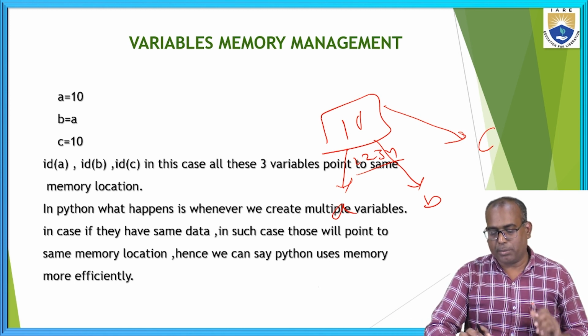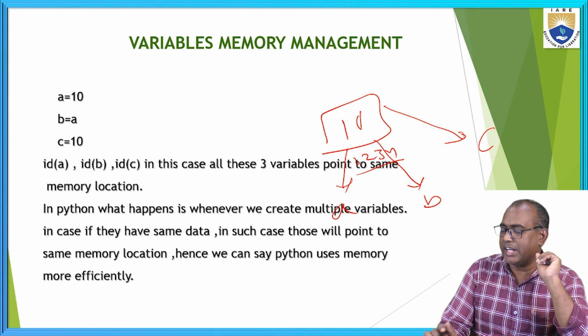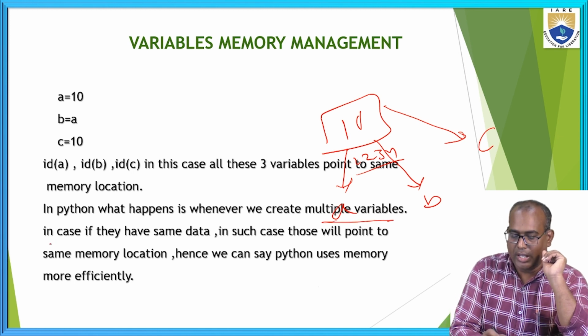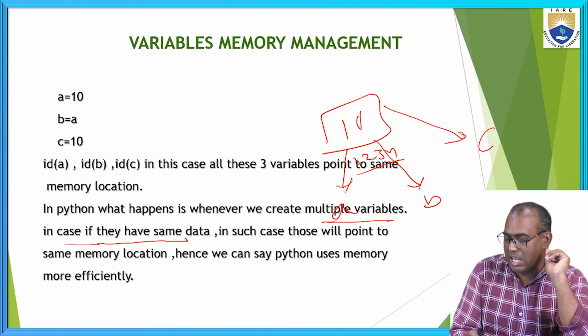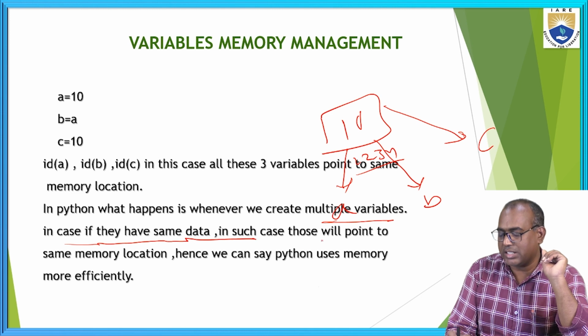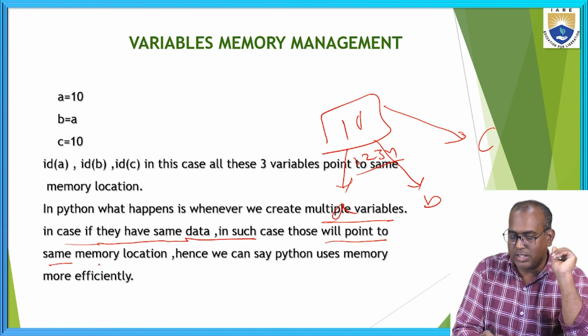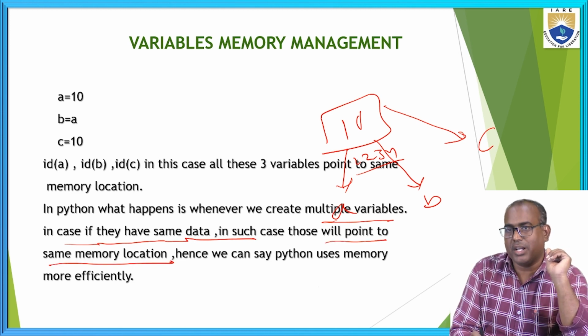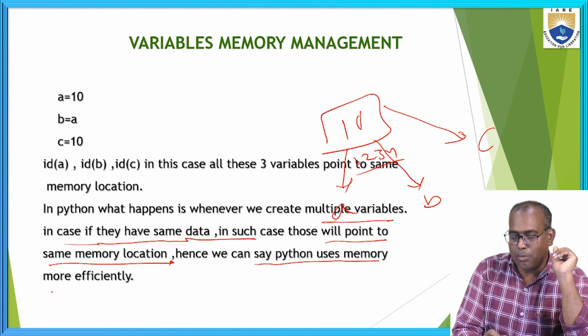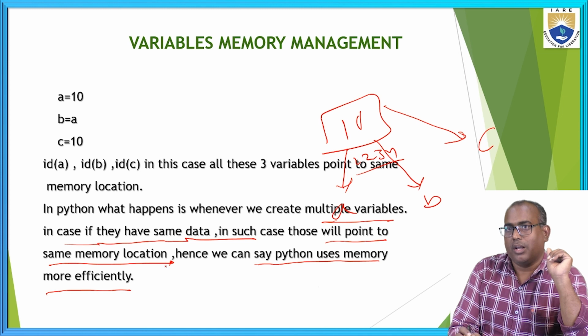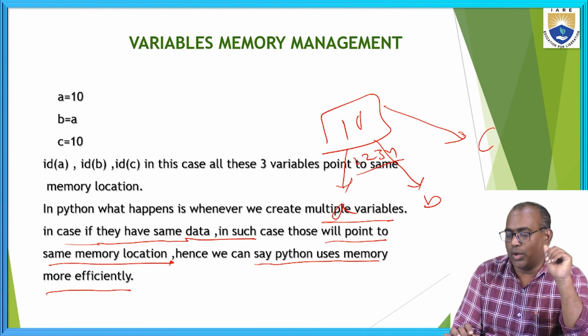Why? Because in Python, when we create multiple variables, in case they have the same data, they will point to the same memory location, because Python uses memory more efficiently. It avoids the wastage of memory.